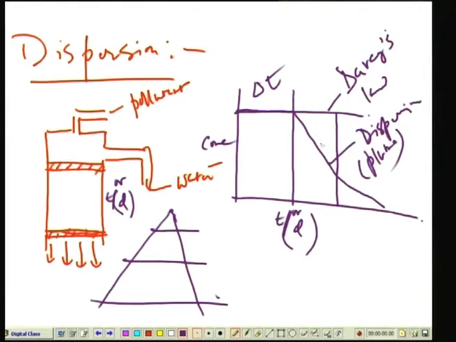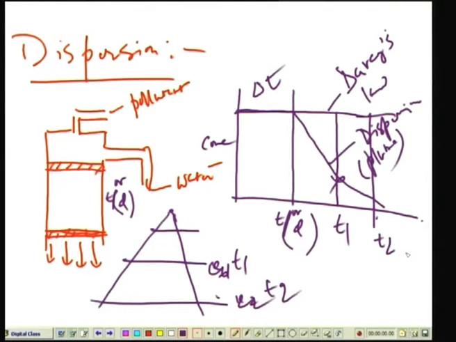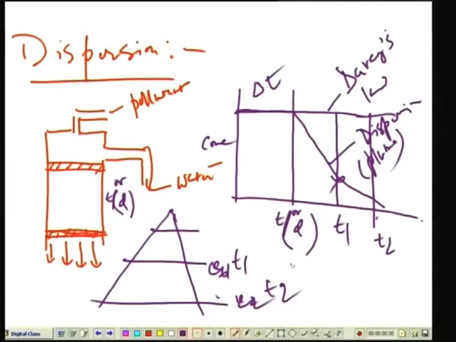At different points, this one is t1, this one is t2, like this. The concentration continuously decreases as the cross section increases. This is how it would be behaving.